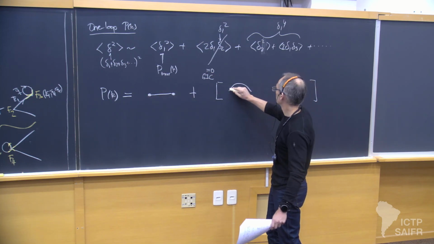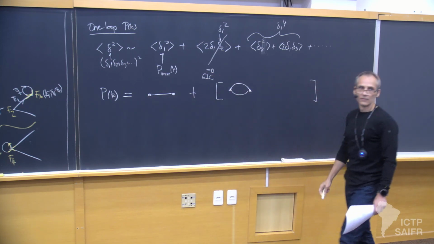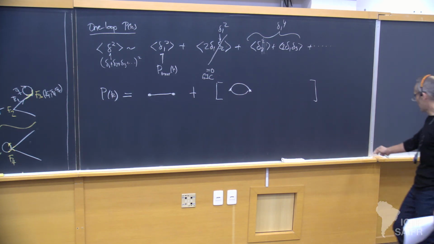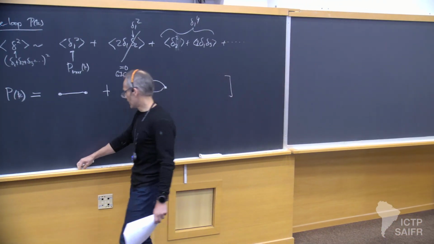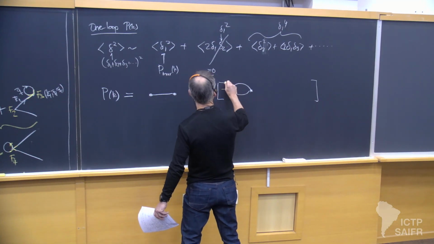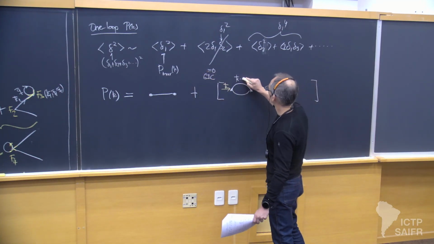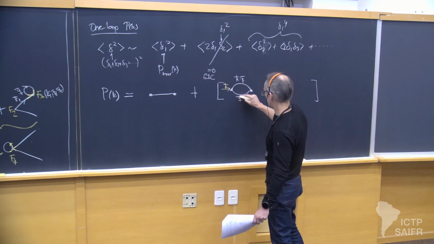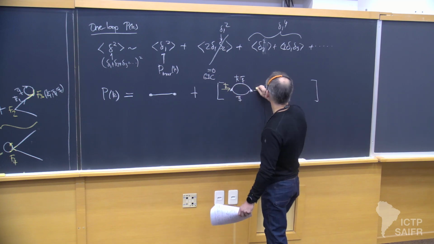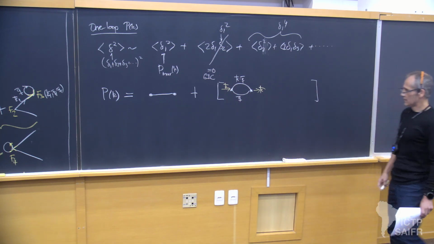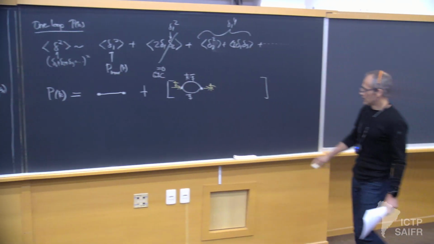So this will become this. Does that make sense? Okay? So you can imagine the external momentum coming in is K, and you break it into K minus Q and Q, and it exits again as K. Okay?